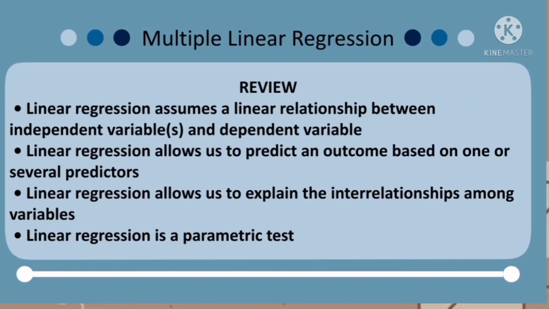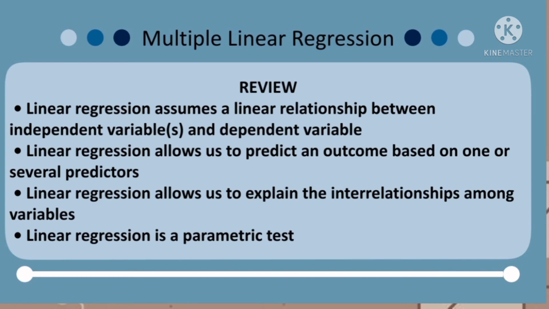For the previous reporters, we have discussed simple linear regression as well as simple logistic regression. For review, before going to my topic, which is multiple linear regression: linear regression assumes a linear relationship between independent variables and the dependent variable.